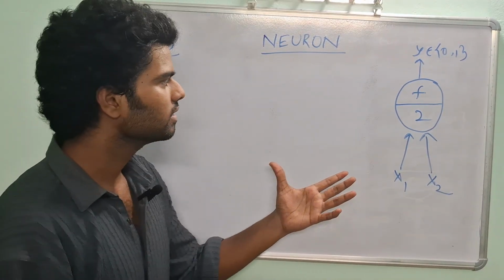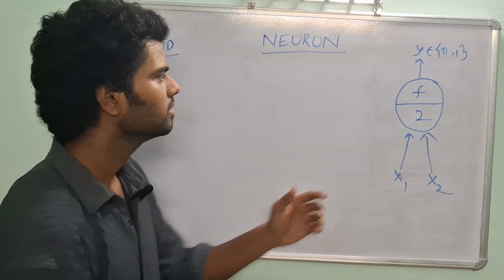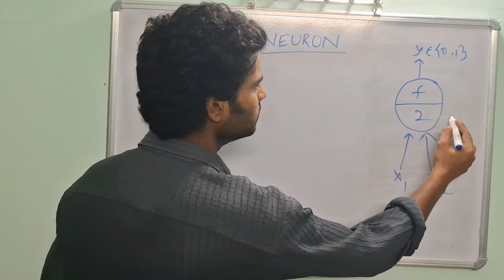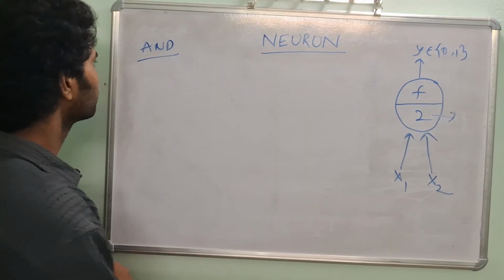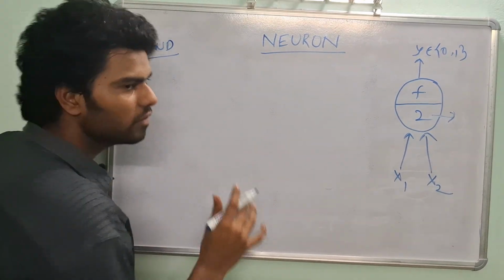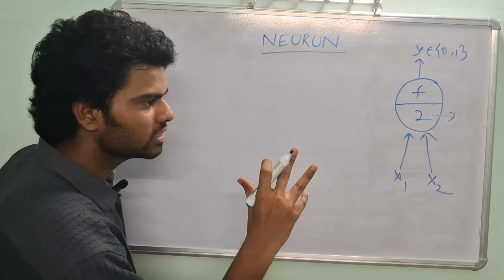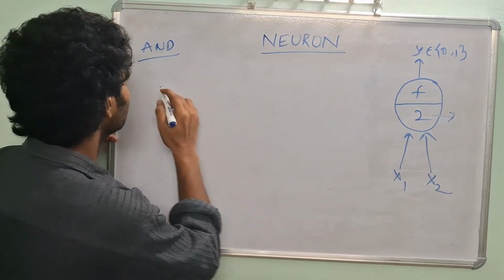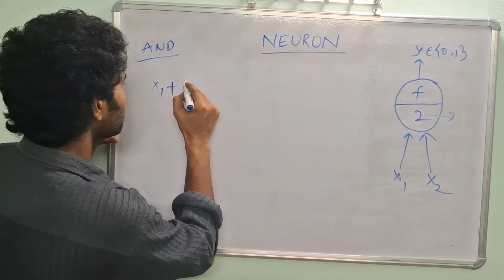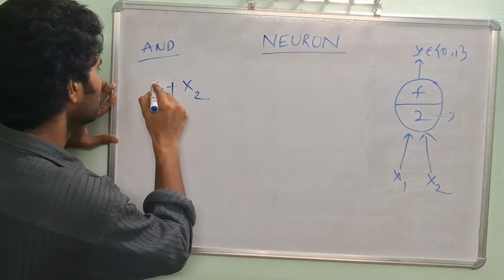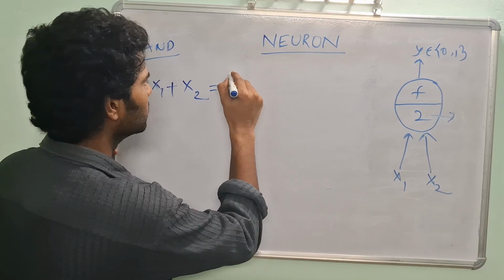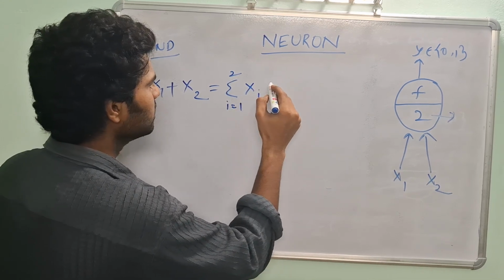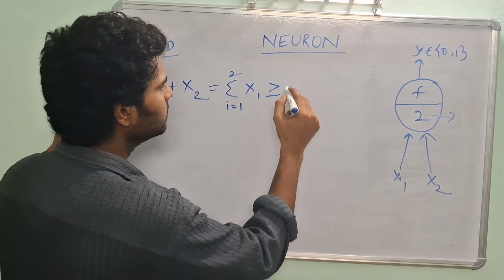This is the same as the OR gate, but here the threshold value is 2. Now we will see how those two conditions are satisfied by the AND gate. Here x1 plus x2, the summation of xi for i equals 1 to 2, is greater than or equal to the threshold value.